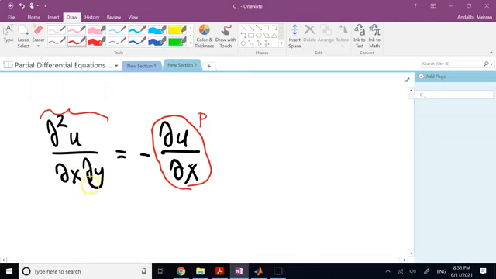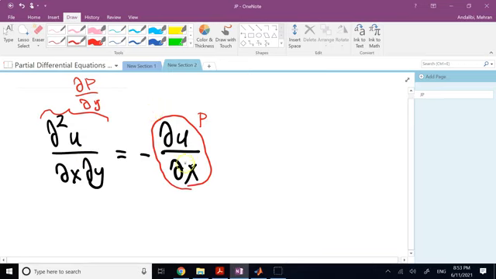So you can also write it as partial y partial x, and then this is going to be partial derivative of p with respect to y. Okay, so now your equation is this: partial derivative of p with respect to y is negative p. So all I did, I changed the variable, right? The first derivative of u with respect to x, I call it p.